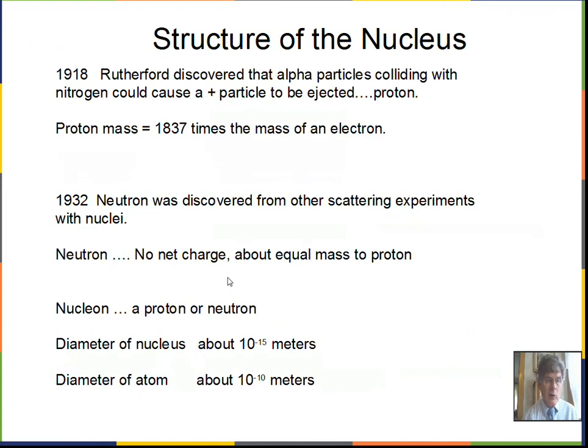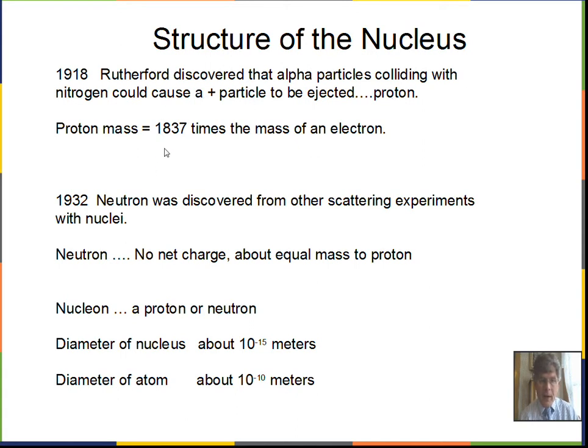So the structure of the nucleus started to develop in the early 1900s. We have Rutherford giving us an idea that there is this isolated positive charge in the nucleus. Rutherford first gave us the nucleus concept, but later experiments with collisions of alpha particles and nitrogen showed that a positive particle, very massive compared to the electron, is ejected, and so that became named the proton.